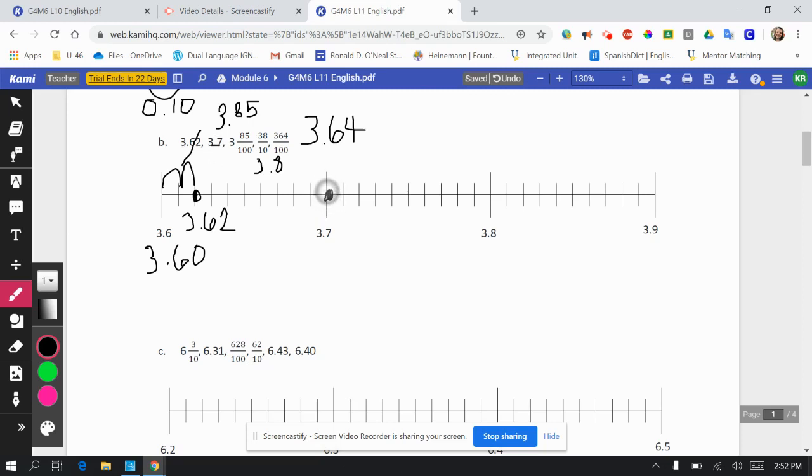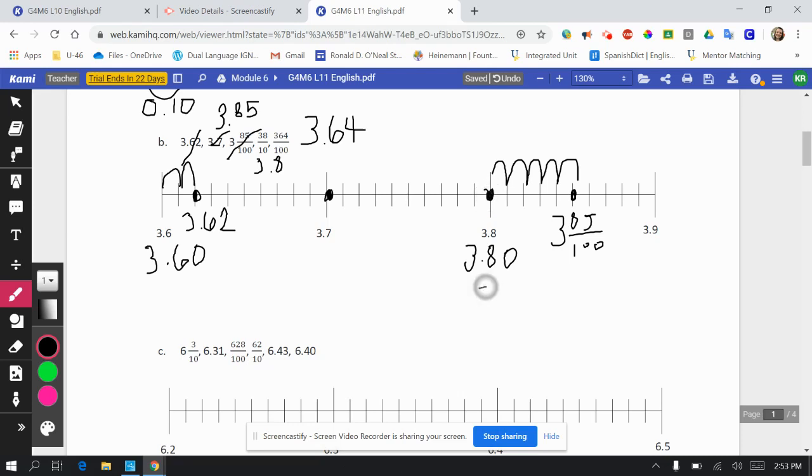3.7. That one's already nice and labeled for us. Cross it out. 3.85. Another way to say this would be 3.80. And then I'm going to count up 1, 2, 3, 4, 5. 3.85, and it is written as 3 and 85 over 100. Cross that on out. 38 tenths is 3.8.